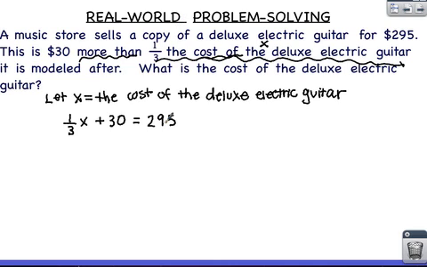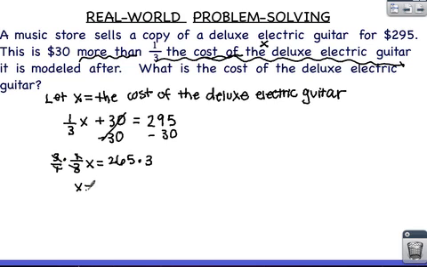Now that we have this equation, we can solve for x in order to find the cost of the deluxe electric guitar. So we subtract 30 from both sides, since we start by undoing our addition and subtraction. And then we multiply by the reciprocal, which is 3.